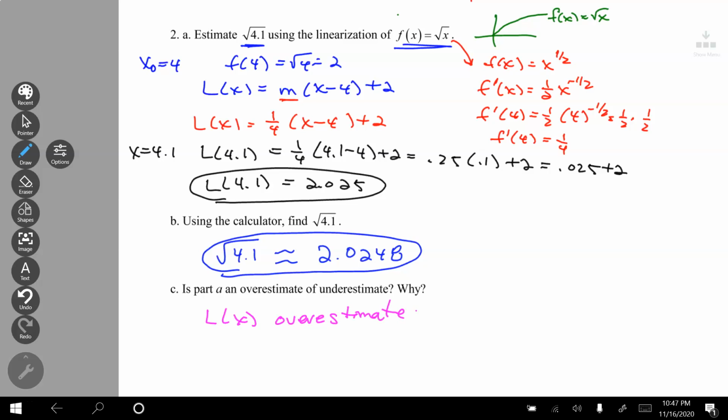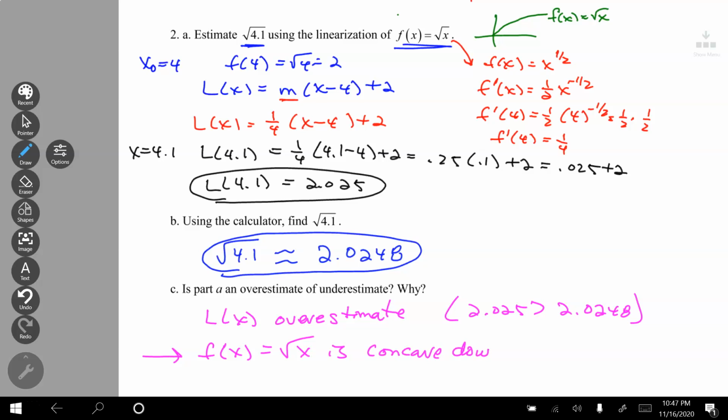That I can tell just by saying 2.025 is bigger than 2.0248. Not by much, but it is. But what I really want to hear is because f of x equals the square root of x is concave down at x equals 4.